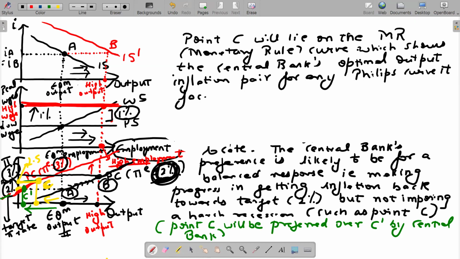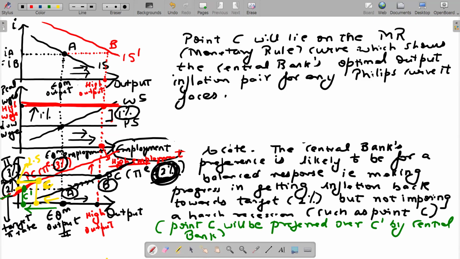So what I'm trying to explain to all students is that the MR curve is going to tell us how the central bank will best respond to the given Phillips curve in terms of choosing a pair of output and inflation. I repeat again, every point on the MR curve will tell you how the central bank best responds to the new Phillips curve by choosing a pair of output and inflation.